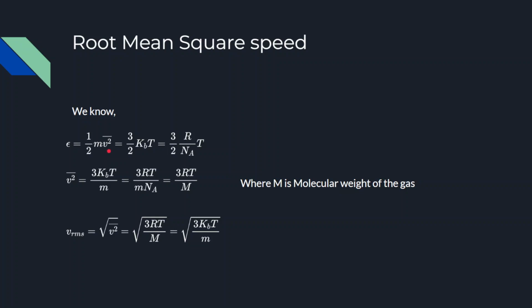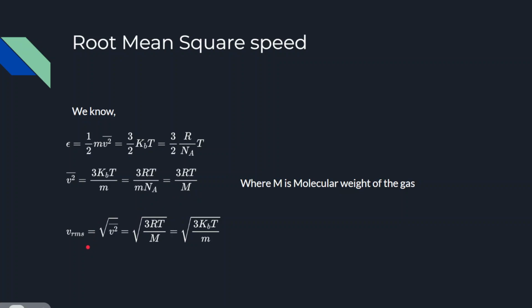We easily get v bar square as 3 kbT by small m, and also as 3 RT by m Na. The term small m times capital Na can be written as capital M, the molecular weight of the gas.